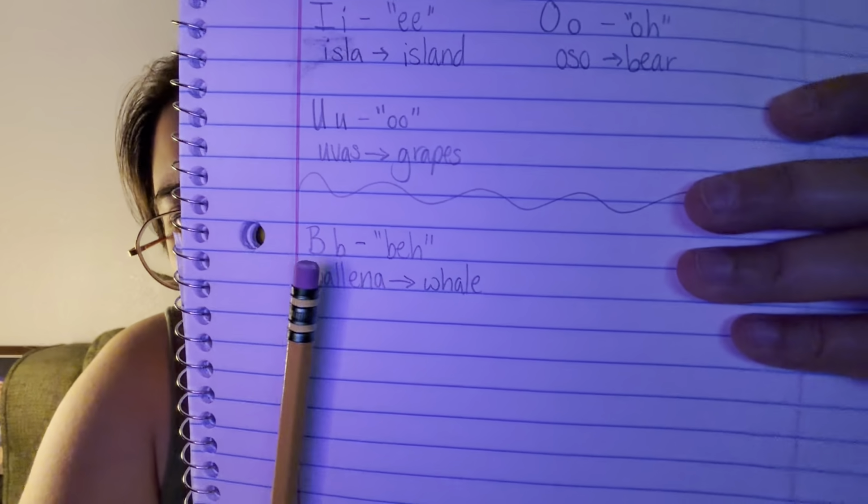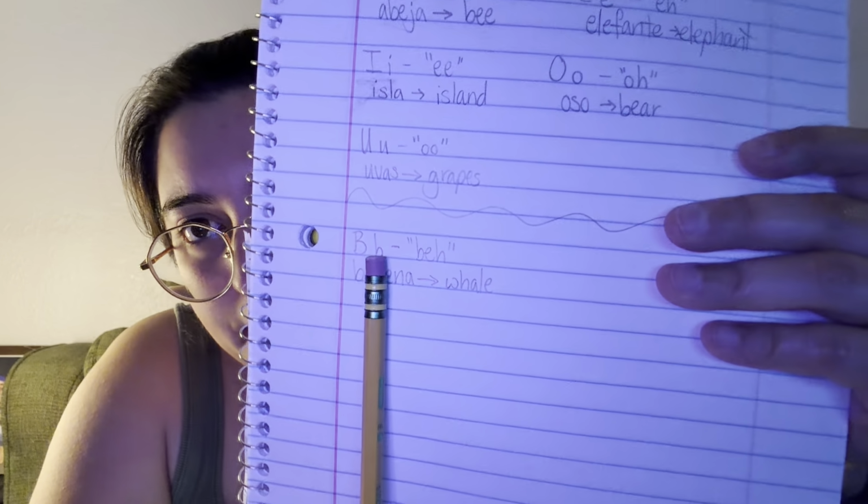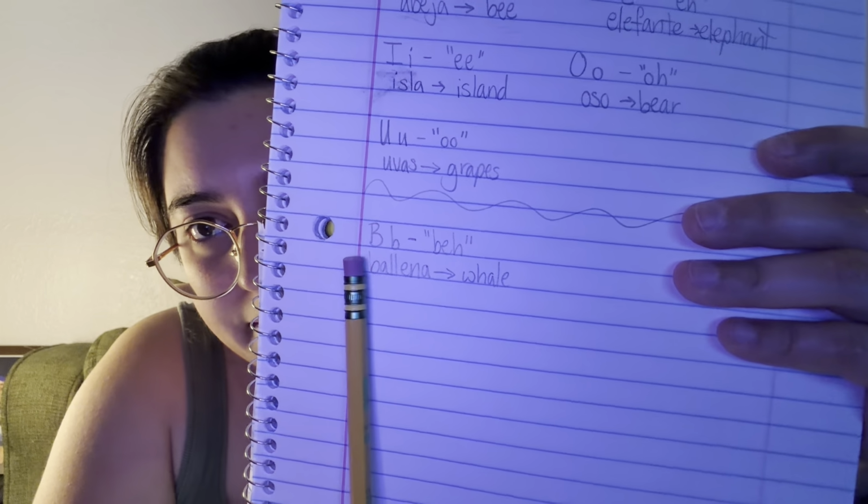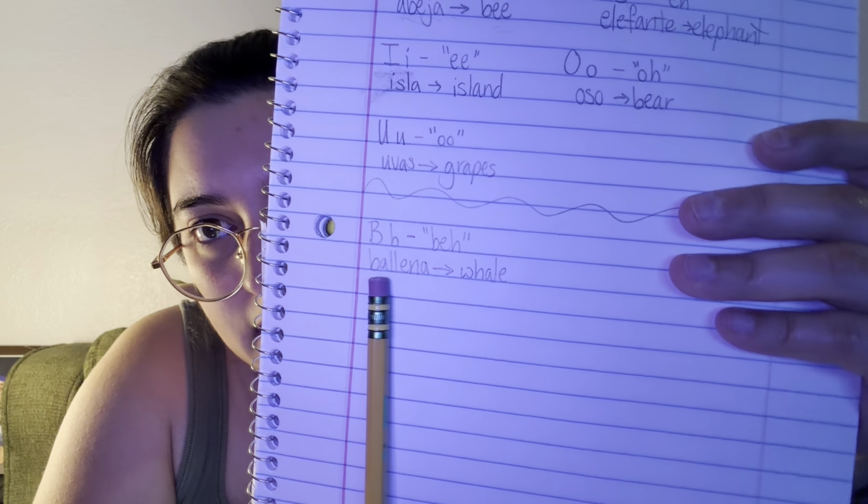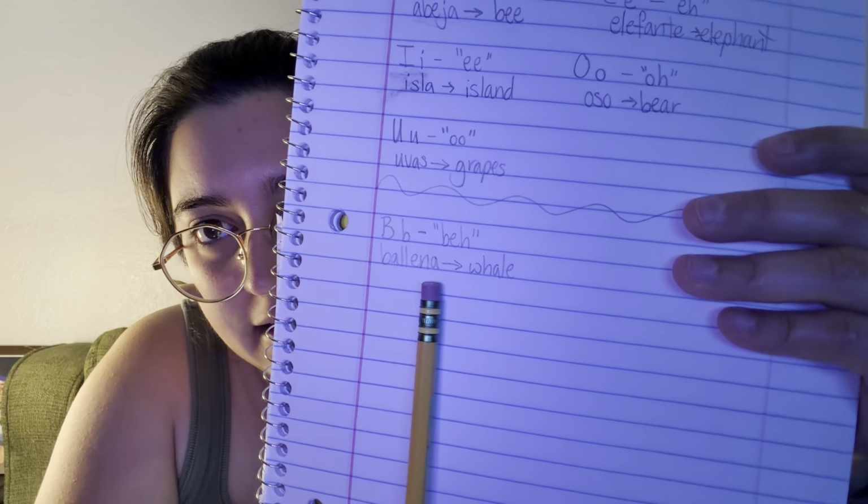Our example is going to be ballena, which is whale in Spanish. Ballena, whale. Then after that we're going to have the letter C, and the letter C in Spanish is se.